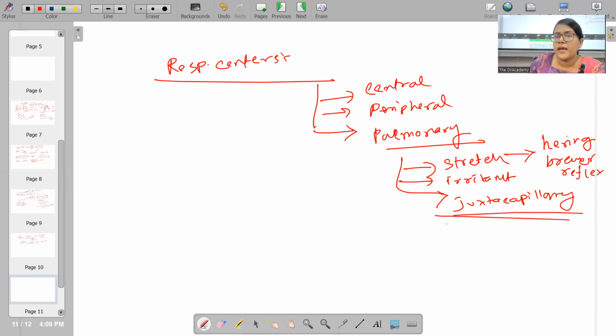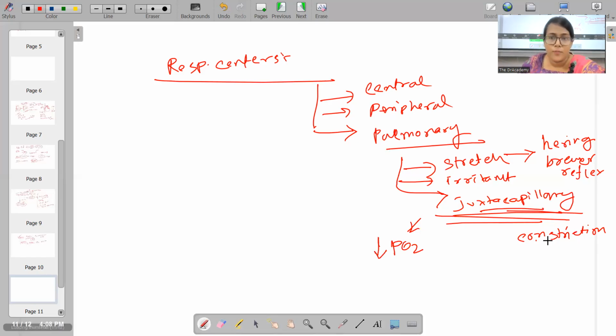Their main mechanism is that whenever there is hypoxia, for example, lack of partial pressure of oxygen, the pulmonary arteries will cause vasoconstriction. Pulmonary arteries will be constricted. What's the function of this? That's because of this juxtacapillary receptor stimulation, okay? So what happens if the pulmonary arteries constrict in the face of hypoxia?